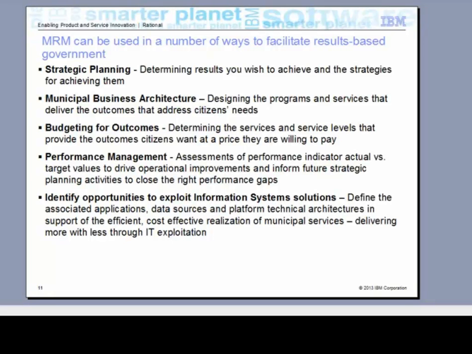Government organizations can integrate their municipal business architecture with information systems to help identify opportunities to exploit IT for more efficient, cost-effective, and smarter realization of public services, that is, delivering more with less through IT exploitation. These models can also help identify opportunities for IT application consolidation or situations where you could coordinate with other jurisdictions to provide services through outsourced management and/or cost sharing.